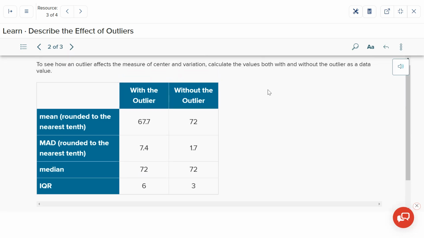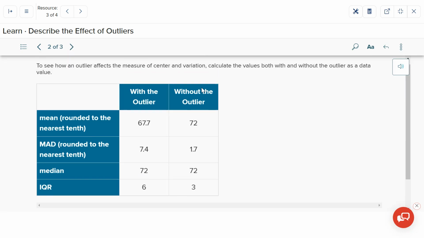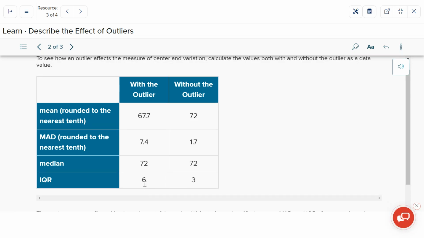So if they use that data from the previous table and you kept the Saturday in there, the mean is 67.7, and then the mean absolute deviation is 7.4, the median is 72, and the IQR is 6. If you take that outlier out, see how it changes our mean?